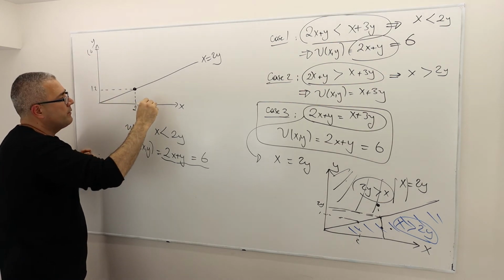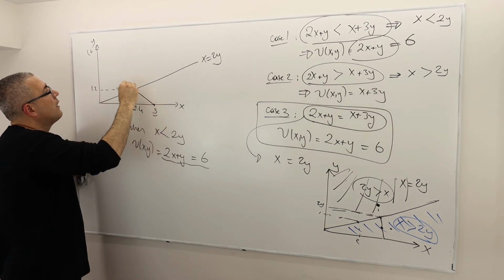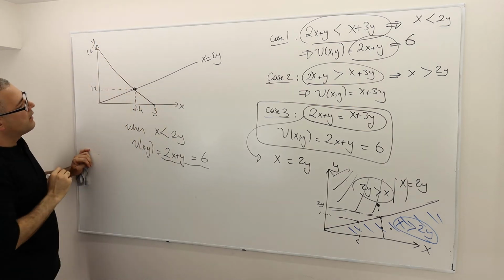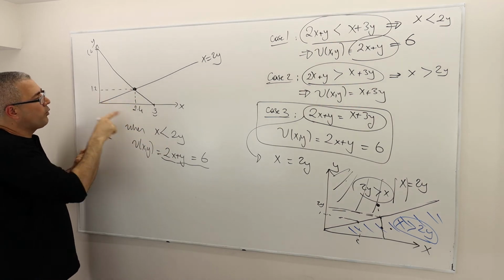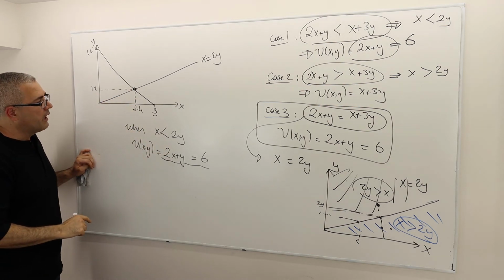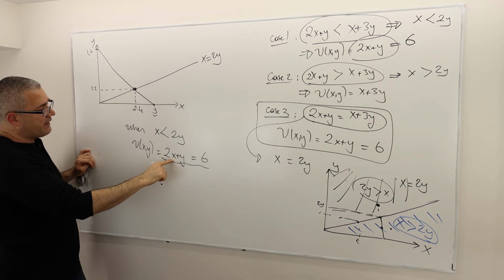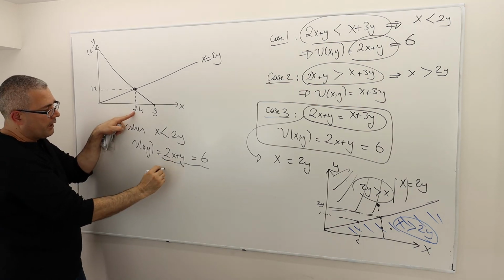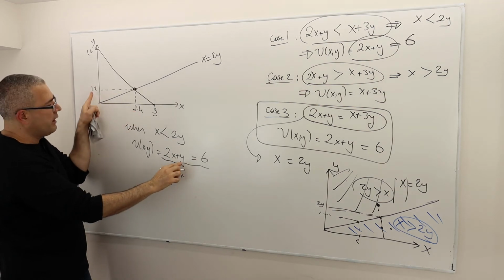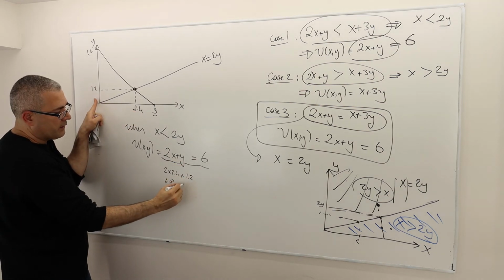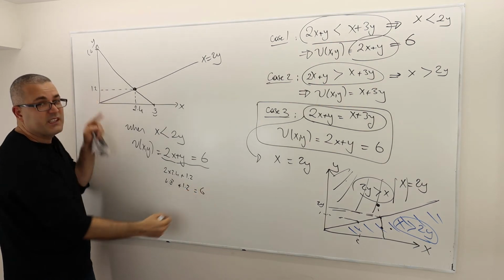However, if you do the math, you're going to see that it also passes through this point 1.2, 2.4. You just need to do the math. If x is 2.4, it's 2 times 2.4, which is 4.8, plus y, which is 1.2. So if you add them up, you're going to see it's equal to 6.